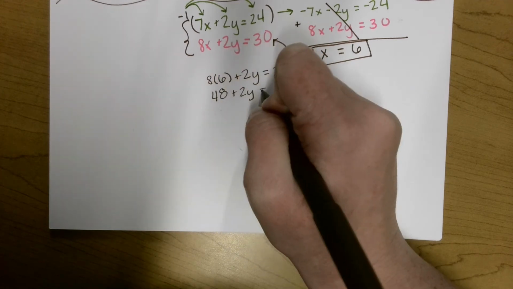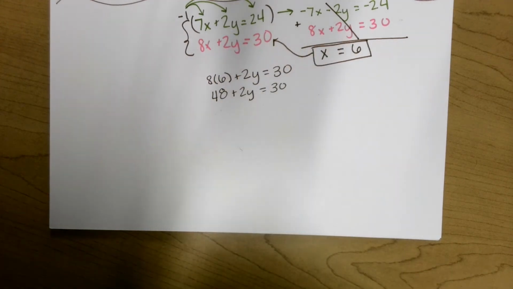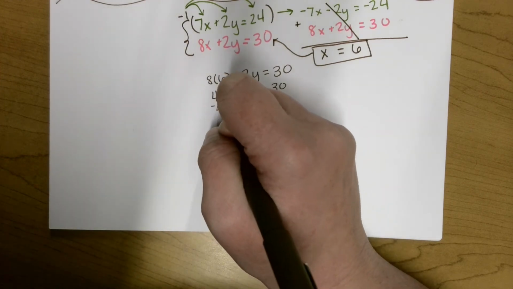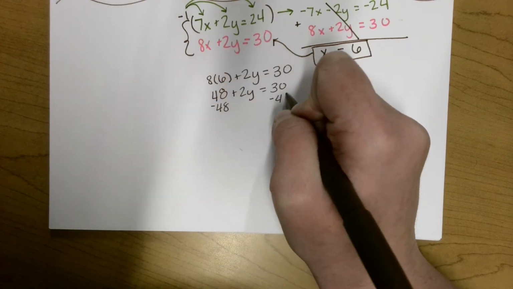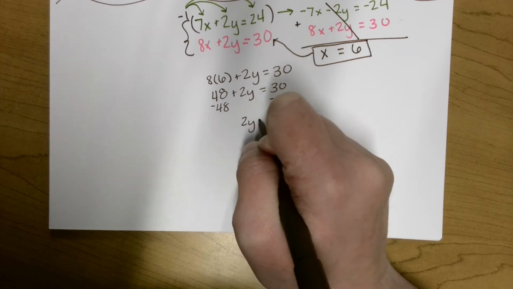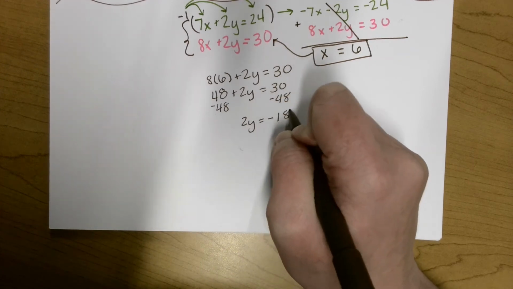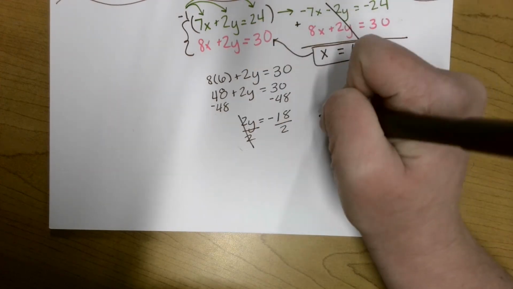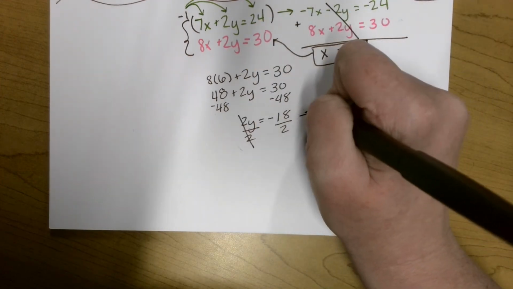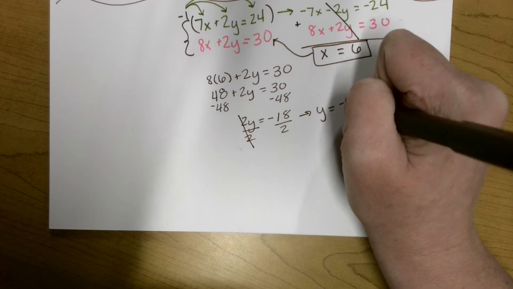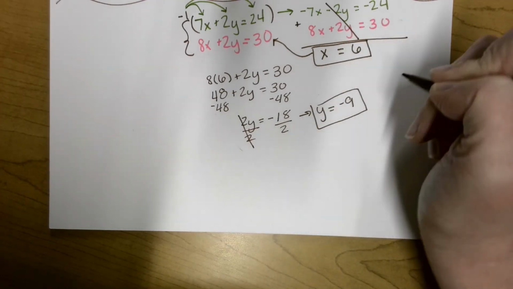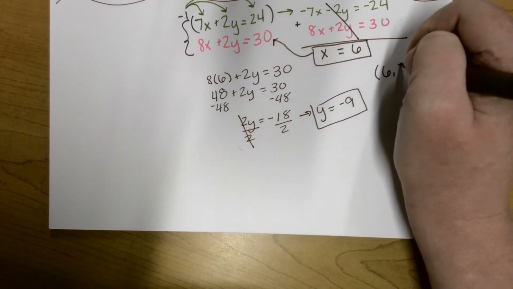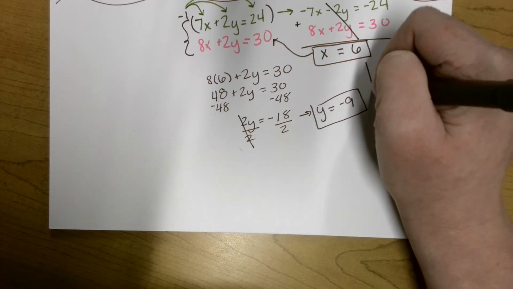We carry everything else down. I'm going to subtract the 48 from each side, and I've got 2y equals -18. And divide both sides by 2. Those cancel. y is equal to -9. So my solution should be (6, -9).